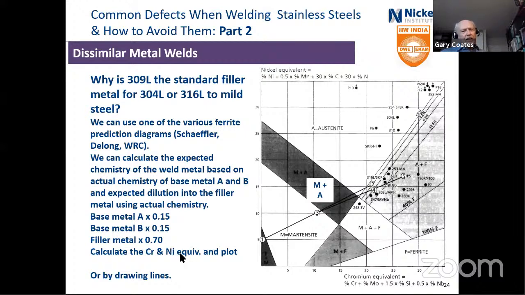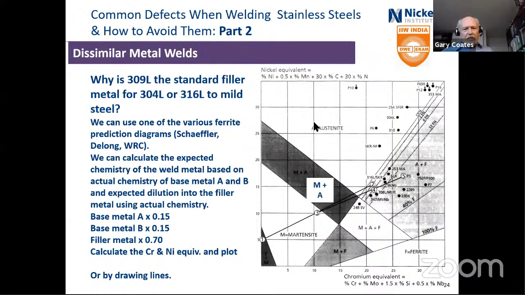You actually calculate then the composition of the weld metal and then plot it on this diagram, and you see where it lies. But there's a simpler way of doing it that works in many cases, which I would like to illustrate here, and that's by drawing lines.